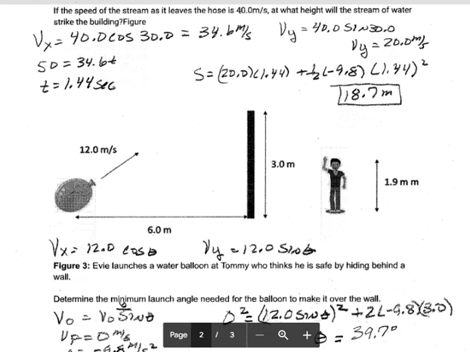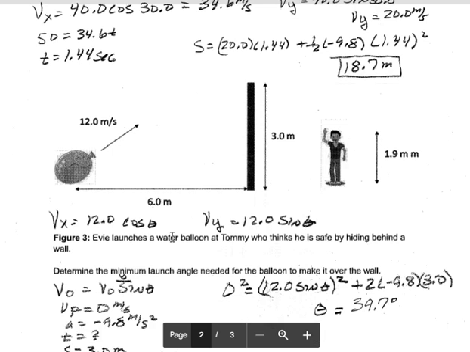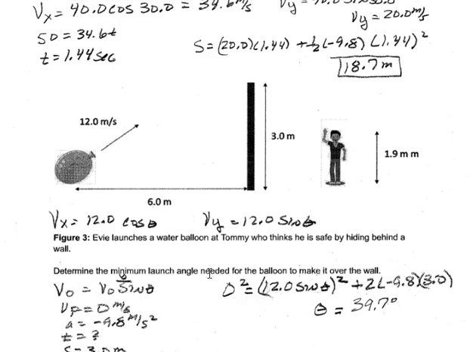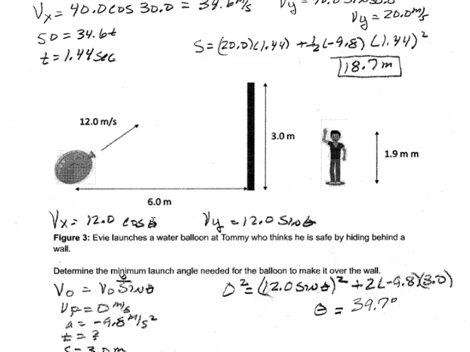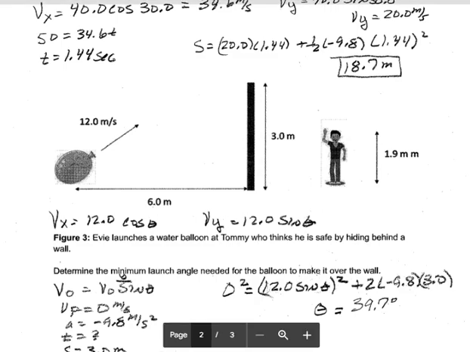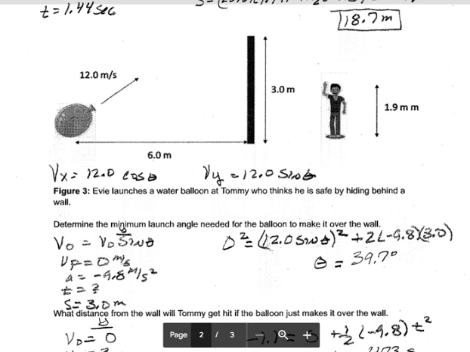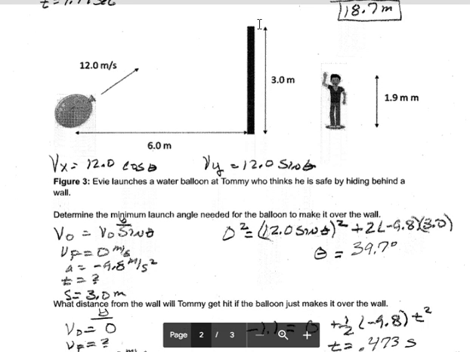So we have Evie launching a water balloon at Tommy, who thinks he's safe by hiding behind a wall. Determine the minimum launch angle needed for the balloon to make it over the wall. Well, here goes. I did Vx is 12 cosine theta, Vy is 12 sine theta. I know at max height, my velocity in the y direction will be 0. So the minimum would be when we're at max height there.